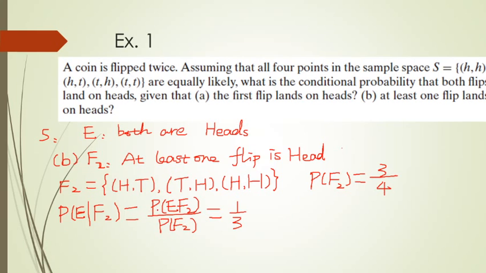So for those two simple questions, how can you get the 1 over 3? Event E is a subset of the event F2, right? Event E is just both head.